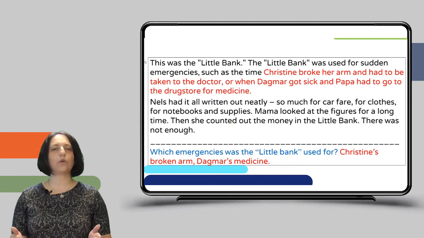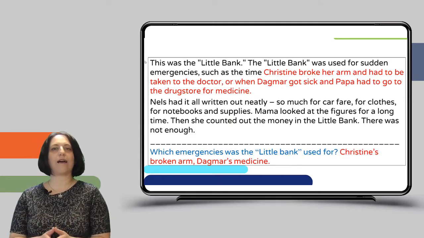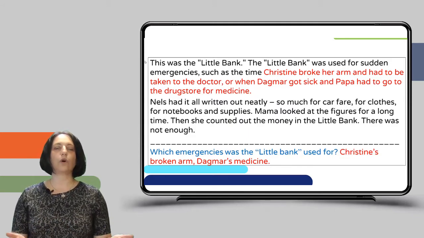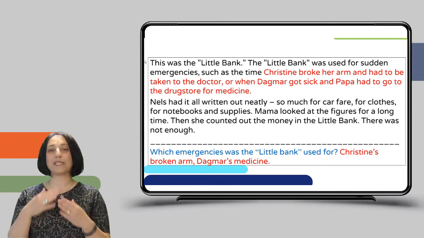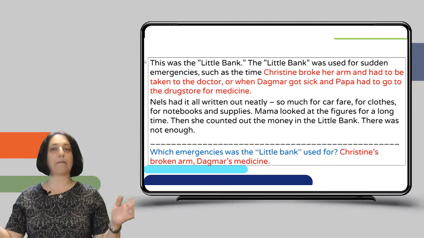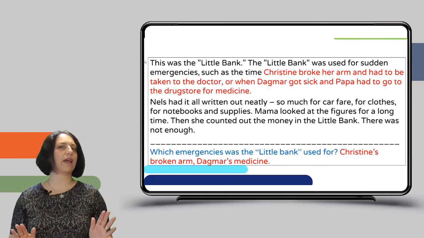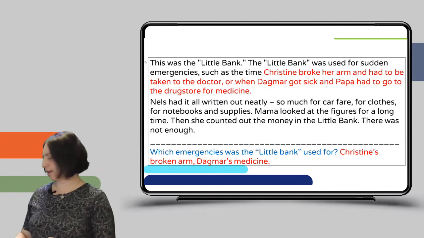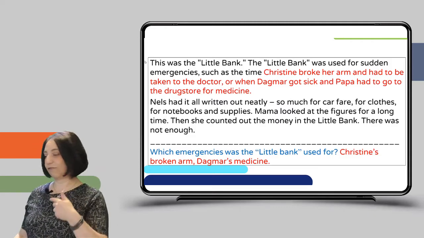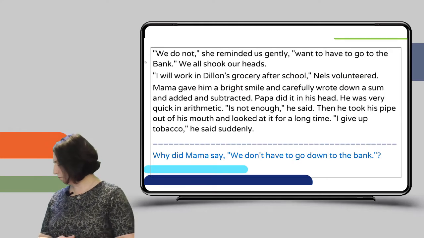So now what do you think will happen? The family don't have enough money. What are they going to do? Are they going to go to the bank, to Mama's bank account at the big bank? Or will they manage? Will they not need to go? Let's think. Let's remember. Let's read.